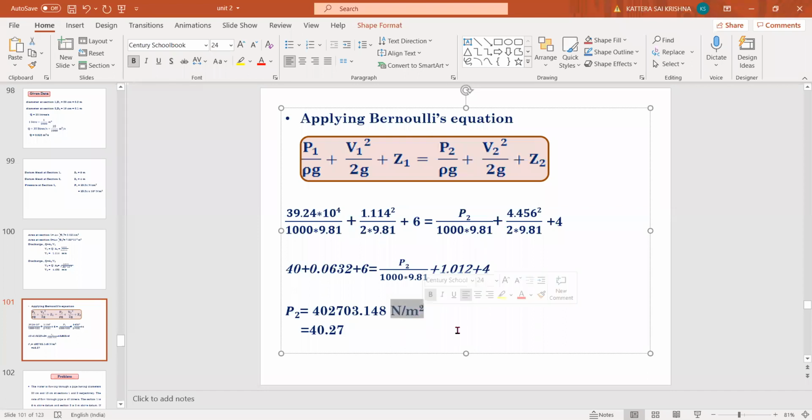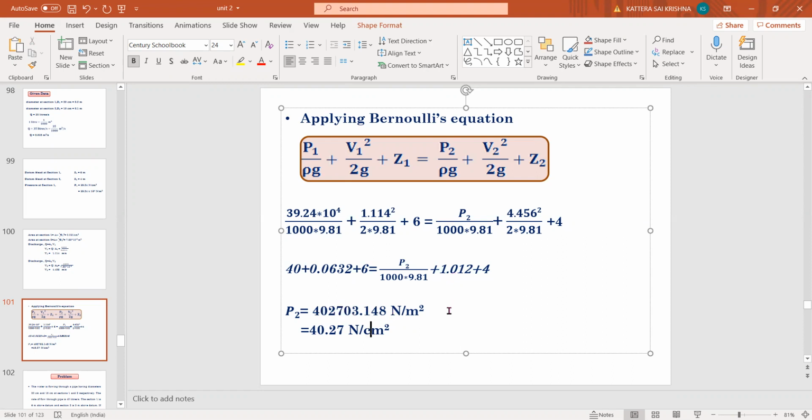If you do, it's also okay. That's why I'm showing both, so that you will remember. Newton per meter square we are getting, so you can change that into Newton per centimeter square by dividing this term by 10 power 4.